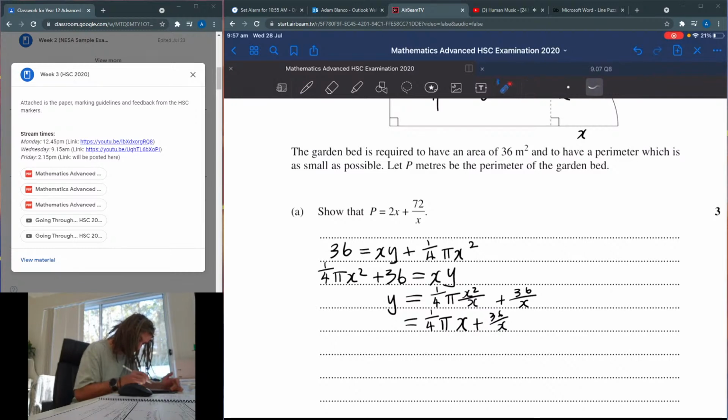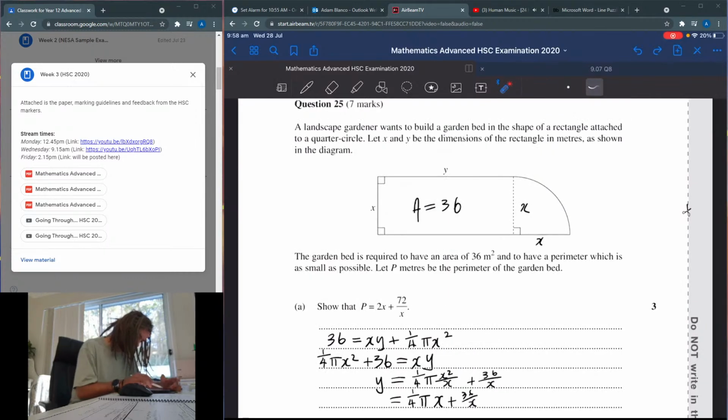And you can see that I'm kind of already getting towards this, because I've got something on that and this thing. Now that's my area. I need the perimeter. So what does it tell me about the perimeter? Let the perimeter of the garden be P. Is that literally it? Wow, that's heaps generous. Okay. Well, it's going to be y plus x plus y plus x plus whatever that is.